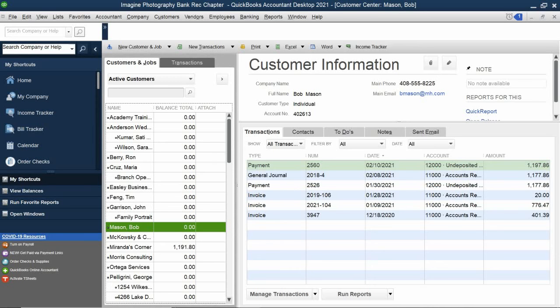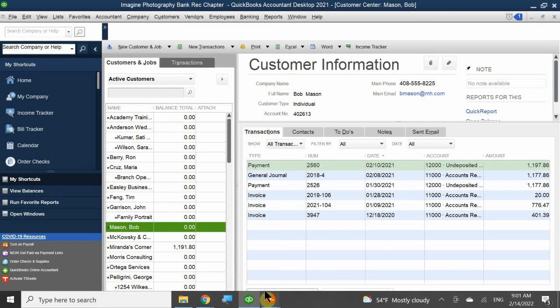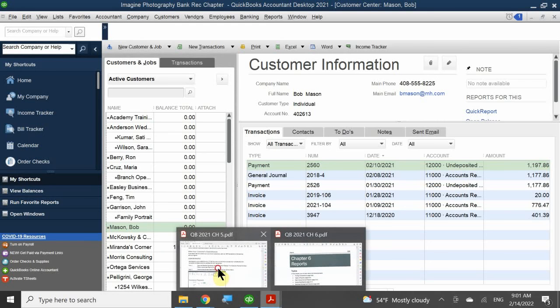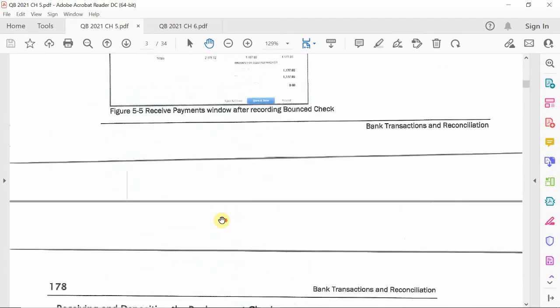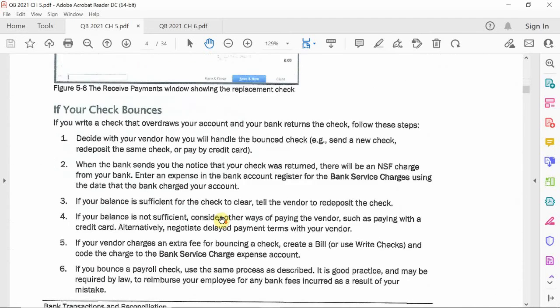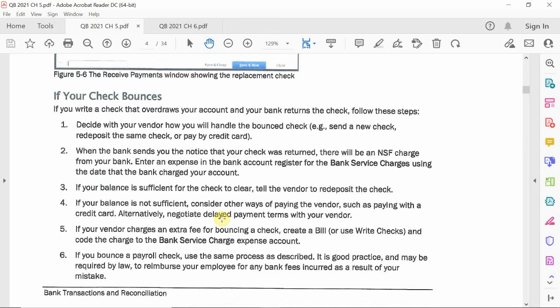All right. So now the next section is, what happens if you wrote the check? They give you a couple of steps to fix that. You have a few things you could do, very similar. You could do what Mr. Bob did, where you reissue a new check.